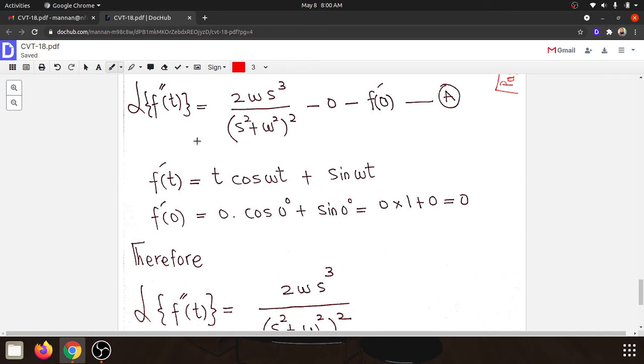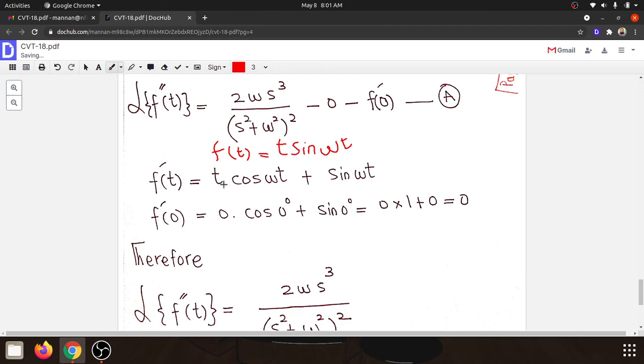f of t is t times sine omega t. So what we are asked to do is to compute f prime of t.